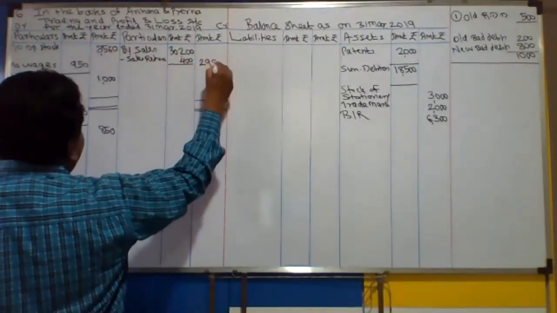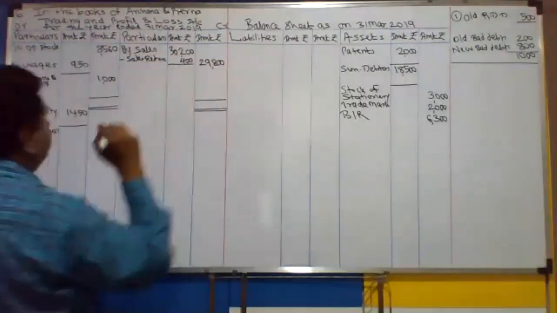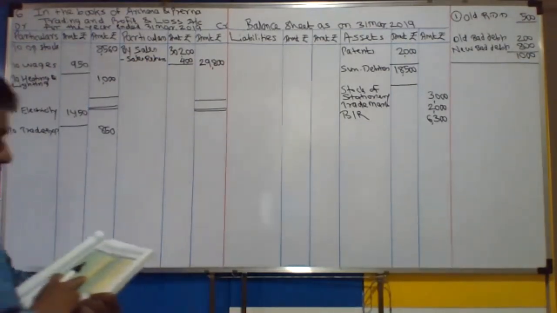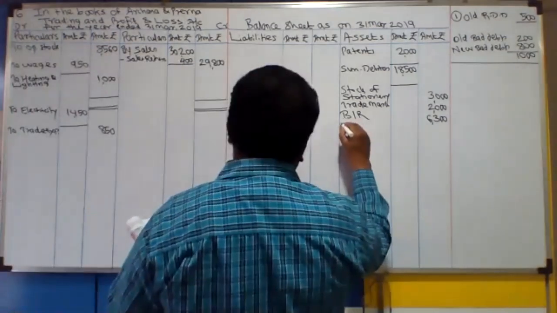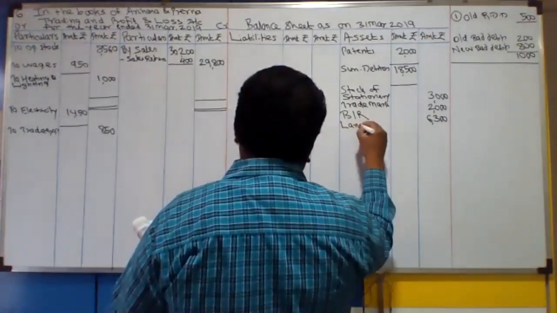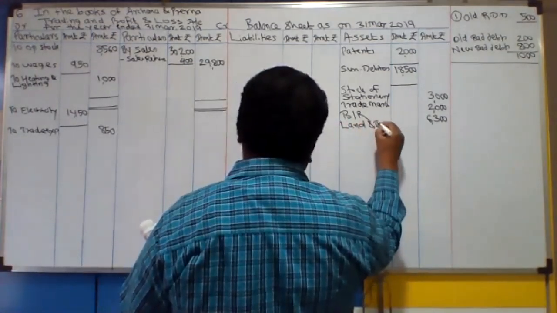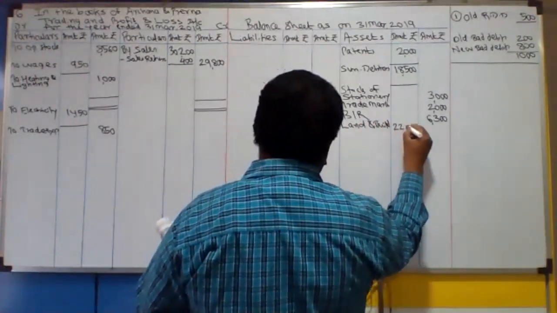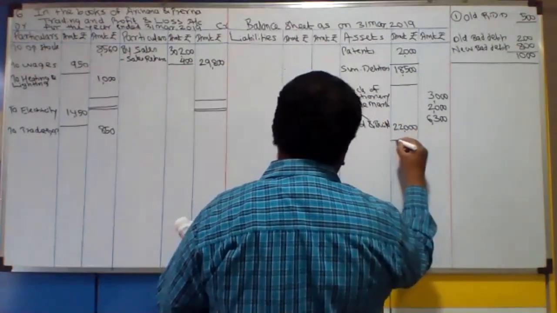In the outer column it is now 29,800. So sales minus sales return. Land and building, balance sheet assets, inner column 22,000. It is subject to adjustment.